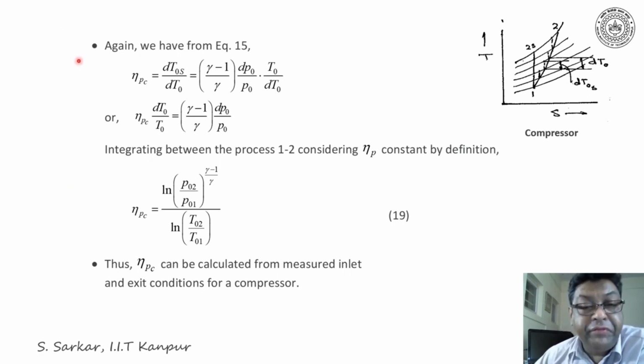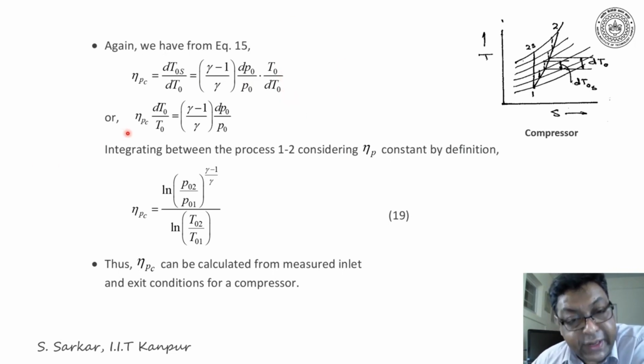From equation 15 that I have derived earlier, for a compressor I can write eta Pc is equal to dT0s by dT0, that is isentropic temperature rise for the elemental stage divided by actual temperature rise, that can be projected as gamma minus 1 divided by gamma into dP0 by P0 into T0 by dT0.